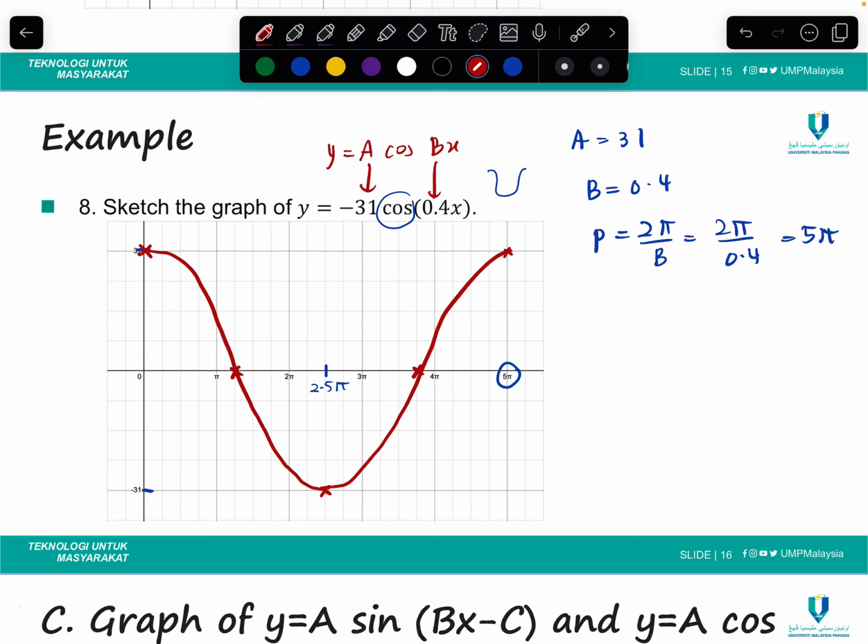Next, don't forget to check if you have a negative. Negative means you have to reflect the graph about the x-axis. You have to sketch a new graph, which is the reflected curve of the previous graph.